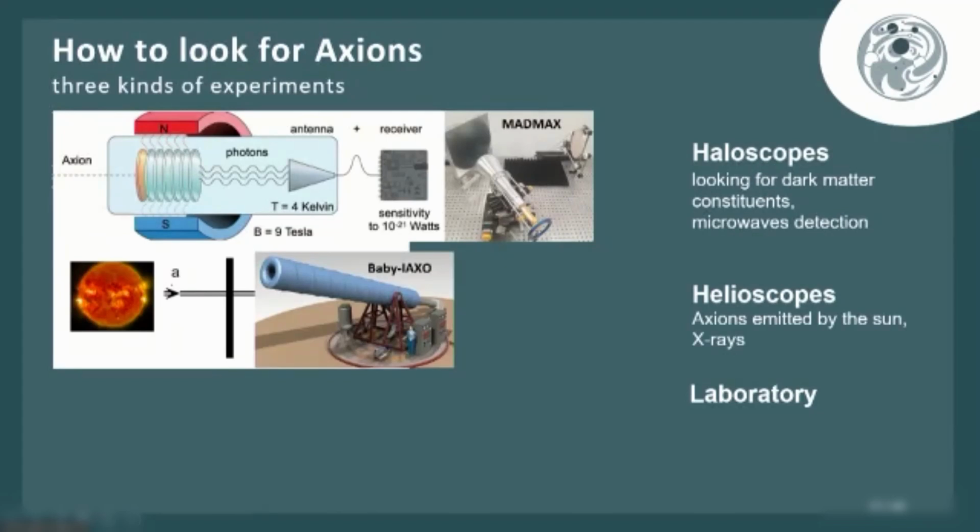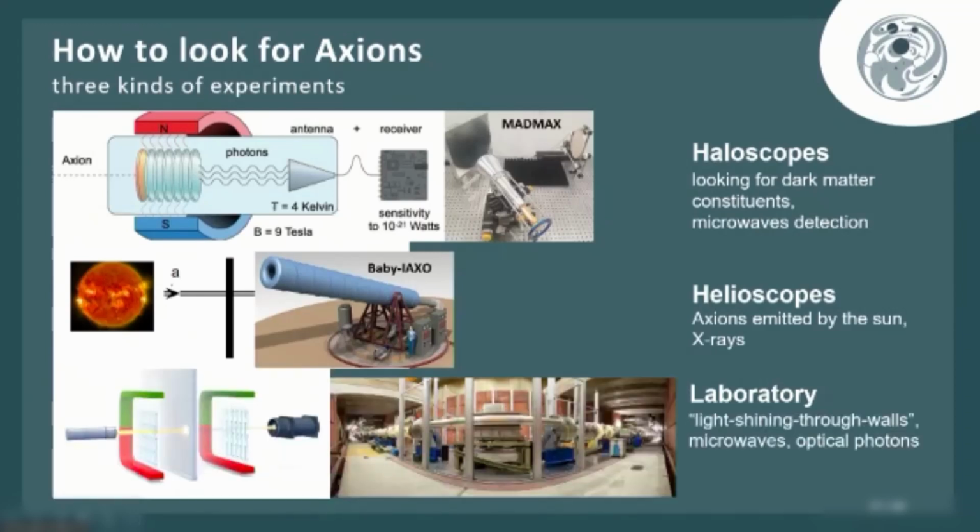IAXO, or the prototype baby IAXO, gigantic magnet pointing at the sun. The sun sends us axions, and they will convert inside this magnet and be detected on an X-ray detector. So here we are talking about X-rays, keV range, looking for axions from the sun.